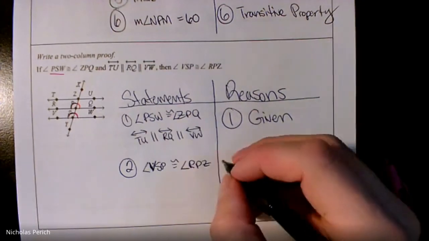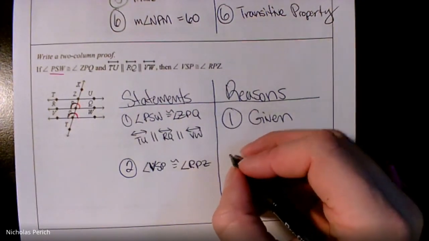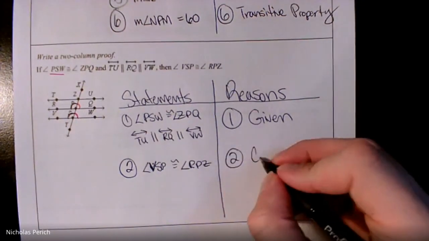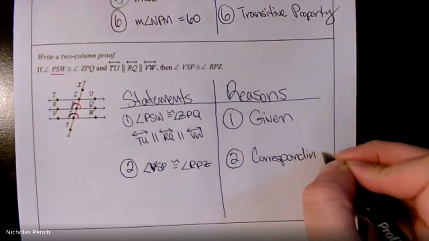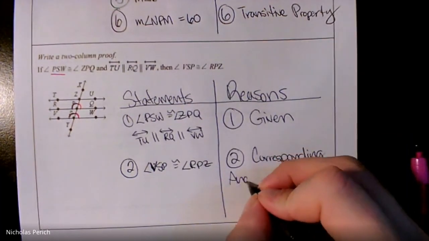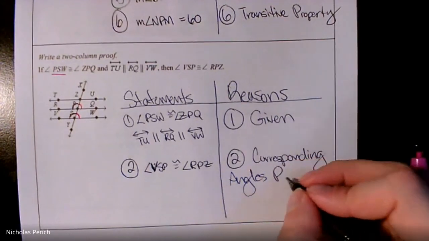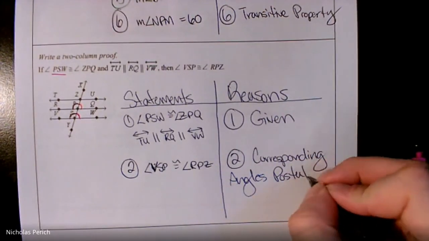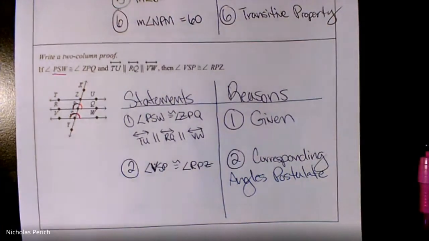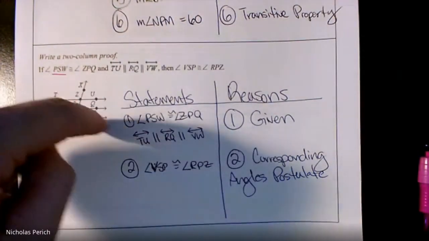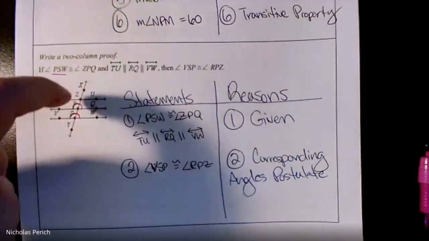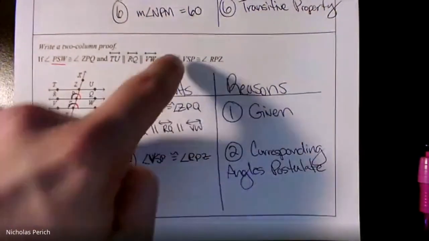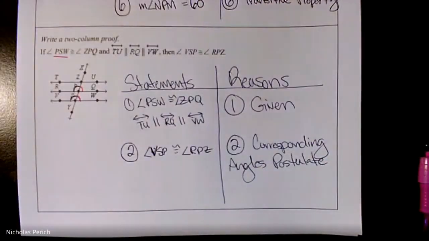And that's because of the corresponding angle postulate, which says that if you have two lines that are parallel, then corresponding angles are going to be congruent. And since these are parallel, all this information was useless.